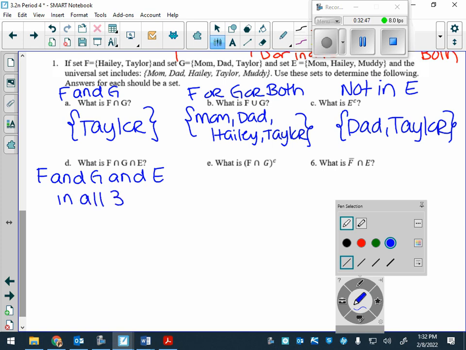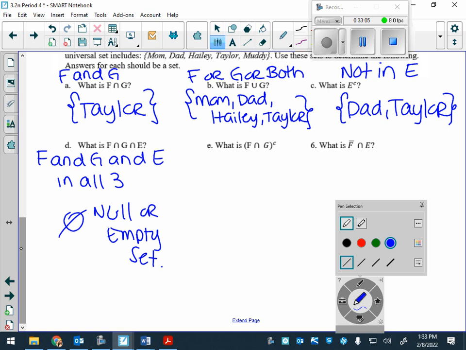No. So if there's no one in that notation, what do we say? Null or empty set. All right. So now we start combining a few of these things.